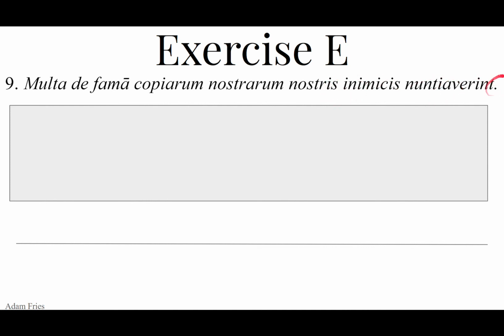Or are they will have announced or reported many things about the fame, the report of our forces to our enemies? What is the thing that we're going to report to our enemies? The accusative direct object multa, the many things about the fame. Whose fame? Our forces' fame. To whom are we announcing the direct object, many things? Who's the indirect object? Our enemies, dative indirect object.